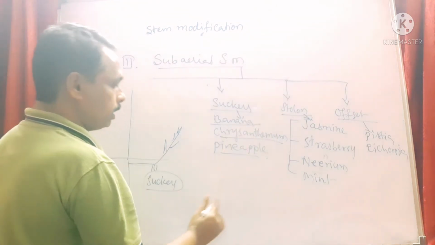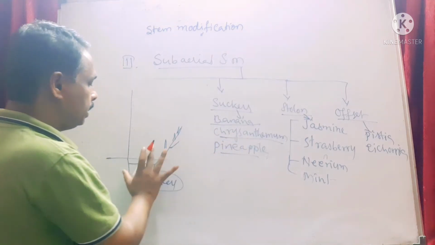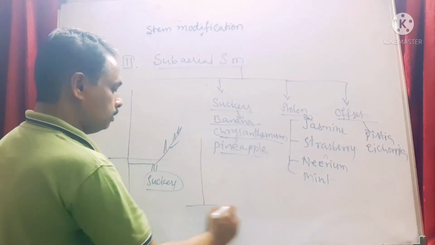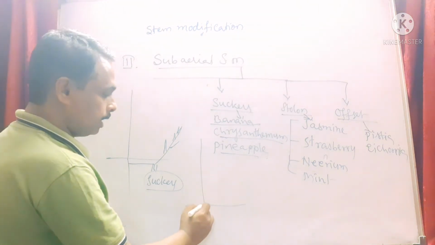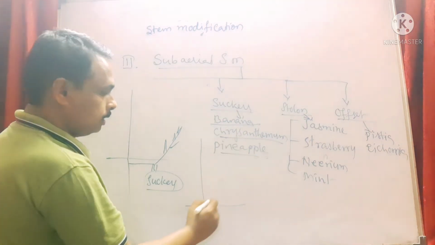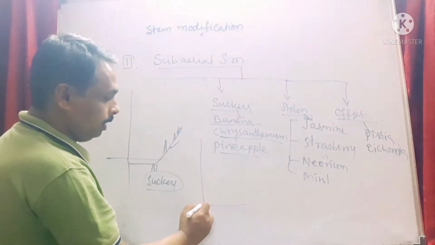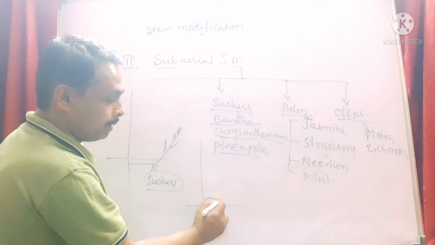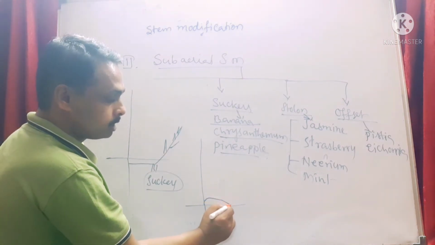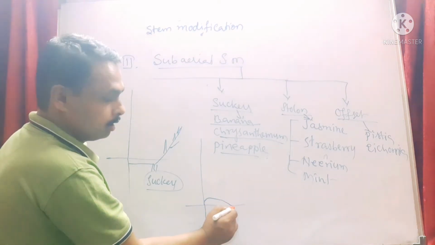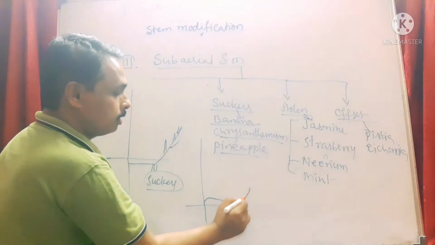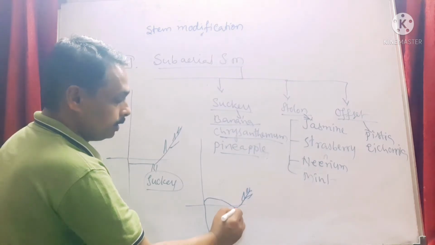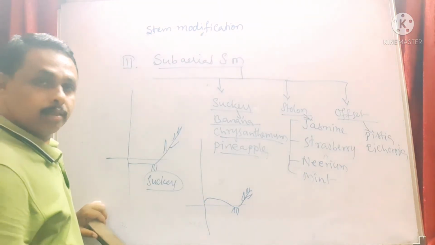The next one is stolon. Stolon and sucker differ a little. So this is the plant underground. The lower branch will grow horizontally in air for some time. Afterwards it will arch down and touch the ground, and then it will be projected out and develop new shoots with the development of adventitious roots.